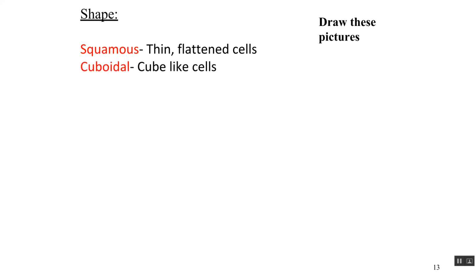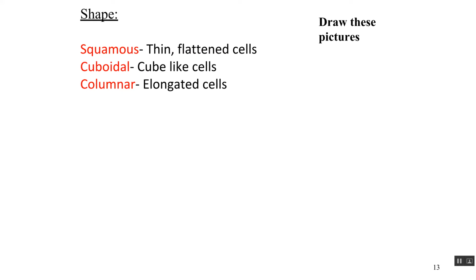Moving on, we're going to be drawing this too. This is the shape. First, when you see squamous, that means thin, flattened cells. We have cuboidal. That one's pretty much just like its name. It's a cube, cube-like cells. And columnar, elongated cells.